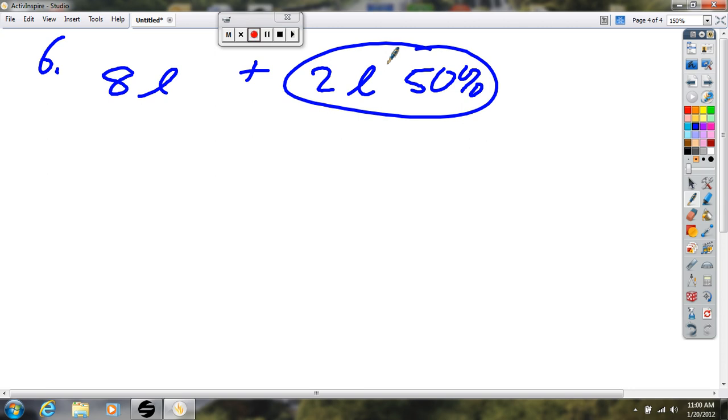Find the percent of the fruit juice of A if the mixture contains 34. Which one contains 34? The mixture, which is the total, the one we're finishing with, right? So this is 34%, and this is the mixture, or the one we're making. By the way, what are we looking for?